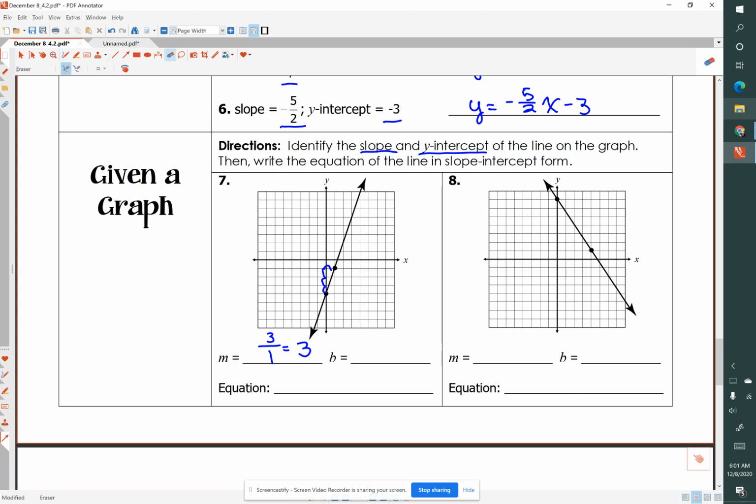Now, let's look at the y-intercept. I'm going to erase this so we can see it a little bit more clearly. The y-intercept is where the graph crosses the y-axis.